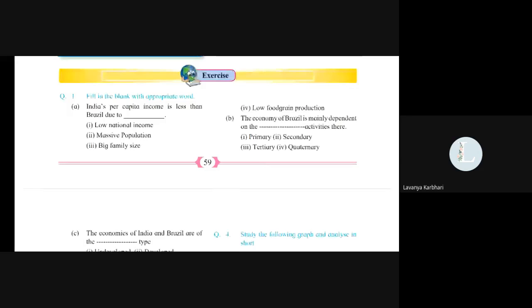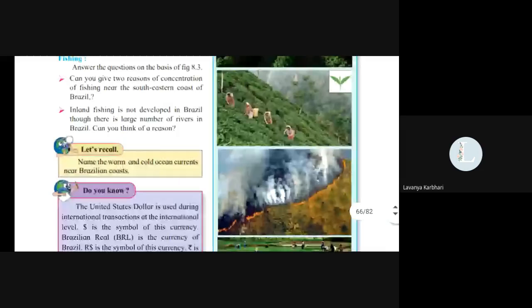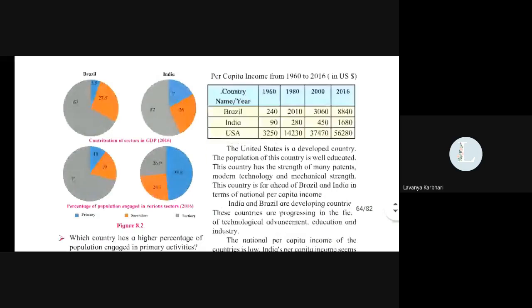The economy of Brazil is mainly dependent on the activities there. Okay. So you can easily see through this graph. Okay. Brazil's economy is mainly dependent on which sector? Can you tell me?